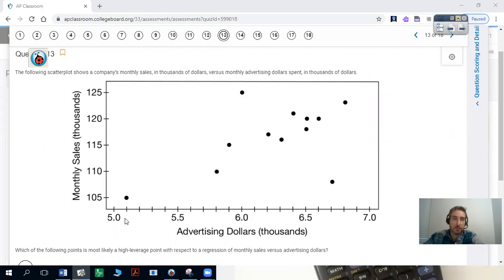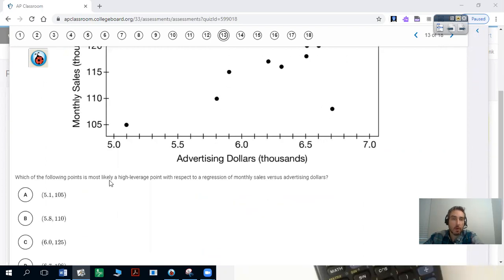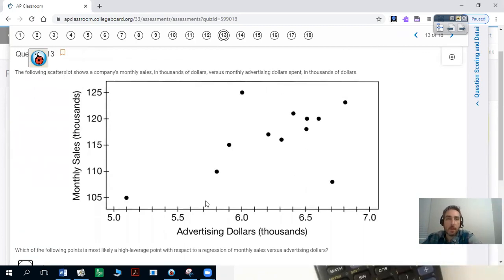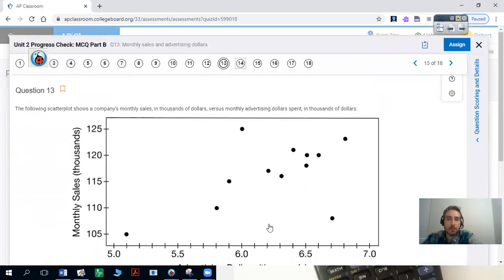So actually this 5.1 here is considered a high leverage point because if I were to remove that, that would change the way that this linear regression would be. So 5.1, 105 is our high leverage point, even though it's lower, to the left and down, it's still in the general direction of that line. So it's extreme value, high leverage point. Hope that makes sense. All right, number 14.